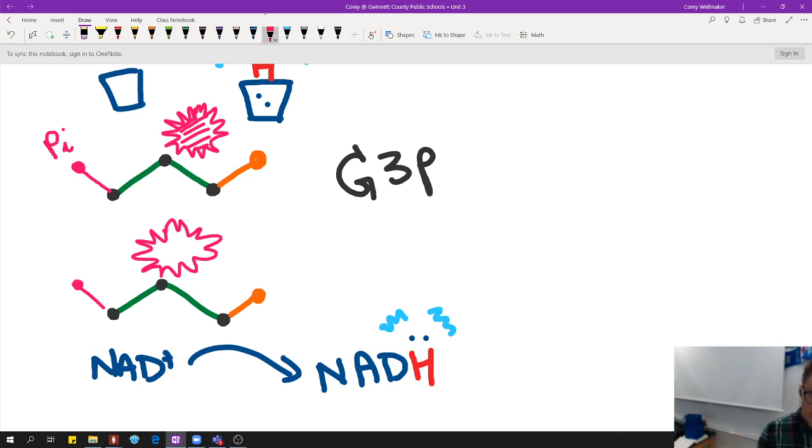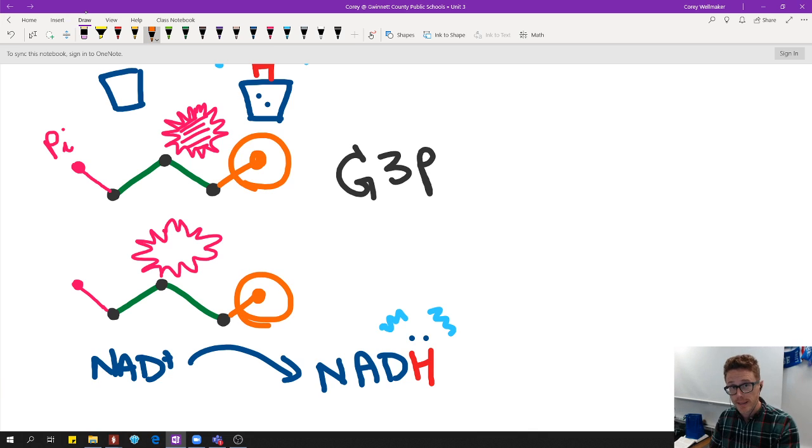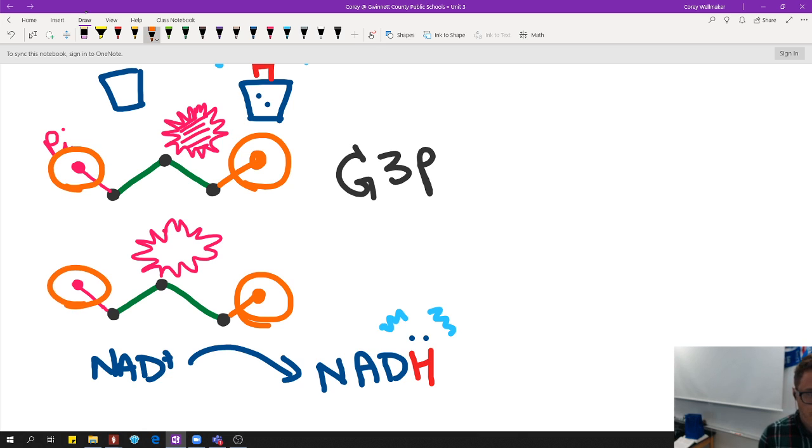This is really important because now the cell can begin harvesting those phosphates. The cell can begin to extract those phosphates off of G3P and transfer them onto ADP to turn them back into ATP. But it's important because 2 of these phosphates came from ATP, so the cell had to spend 2 ATP, but it's going to get 4 out of it, because these phosphates over here on the left that I drew in pink, those didn't come from ATP.